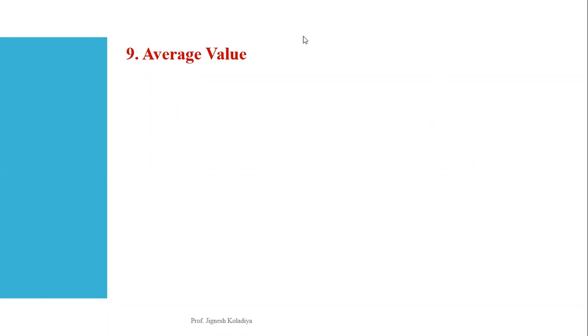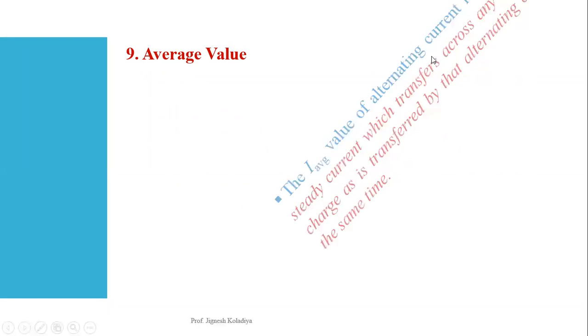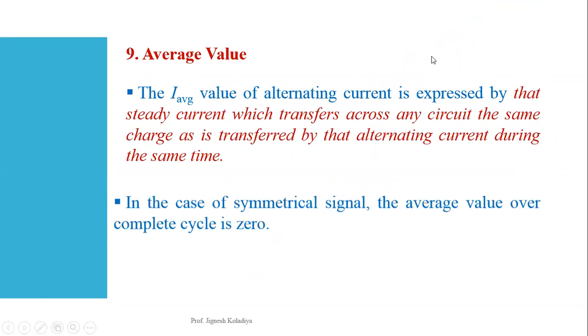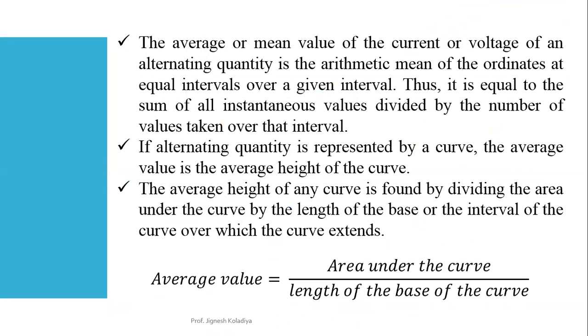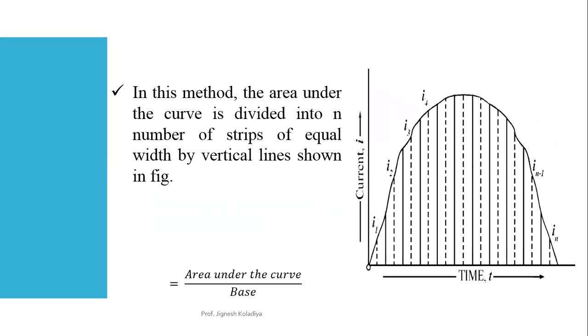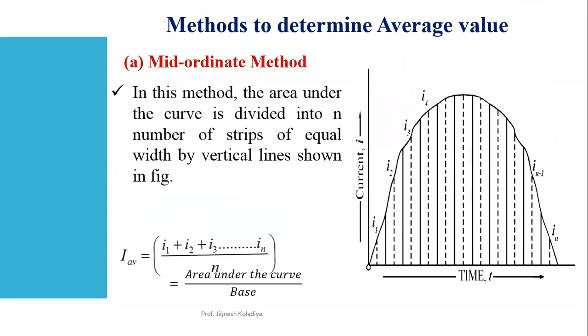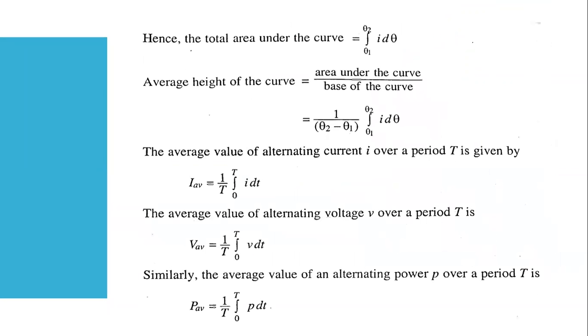Also, we discussed the different methods to find the average value, like the mid-ordinate method and the analytical method or method of integration. And we have one simple equation of average value that you can see: I average is equal to 1 upon T integration 0 to T of i dt.